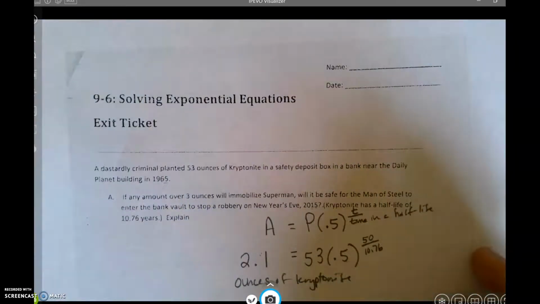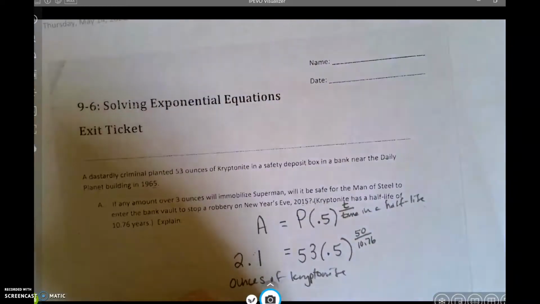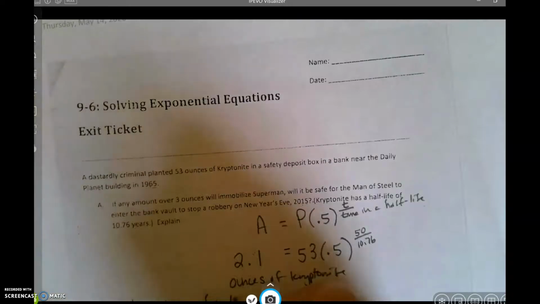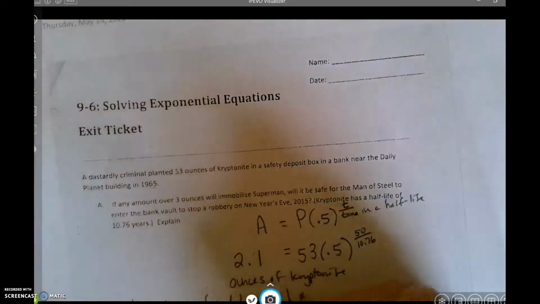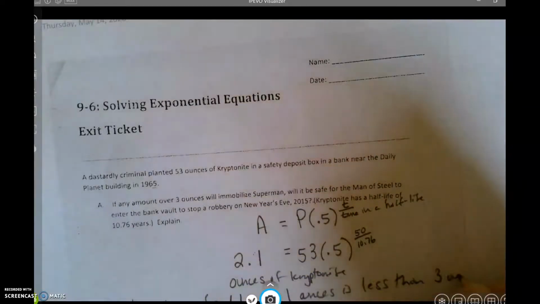So, is it safe? Yes, it's safe because it's less than 3. Yes, it's safe because 2.1 ounces is less than 3 ounces.